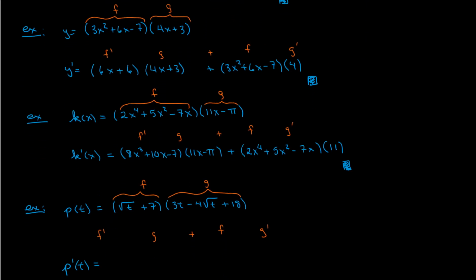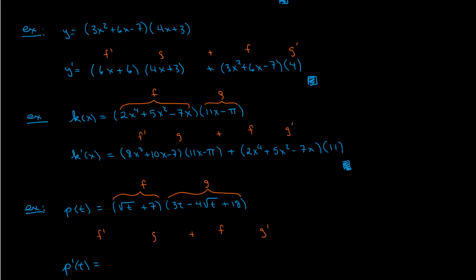Okay, so let's say we have a situation here. Let me erase a couple of these things to make it a little easier for you to focus on. We've got this function, y is equal to 3x squared plus 6x minus 7 times 4x plus 3. One option would be to take the 4x and distribute it over all three, then the 3 and distribute it over all three, and it's starting to look like a bunch of fireworks here.